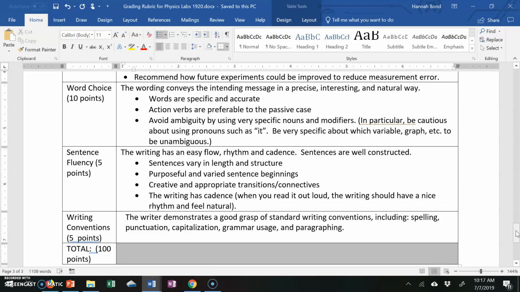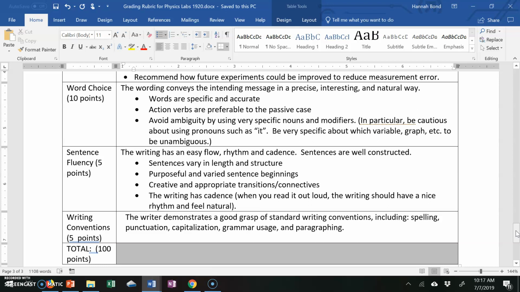Avoid ambiguity. In particular, be very cautious about using pronouns such as it. Instead, always be very specific. The position versus time graph. Don't just say the graph. Give the name of the graph as you refer to it, for example.